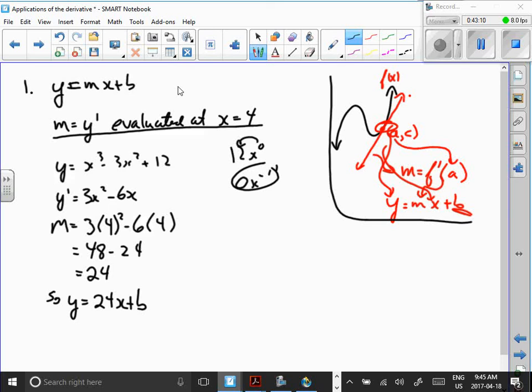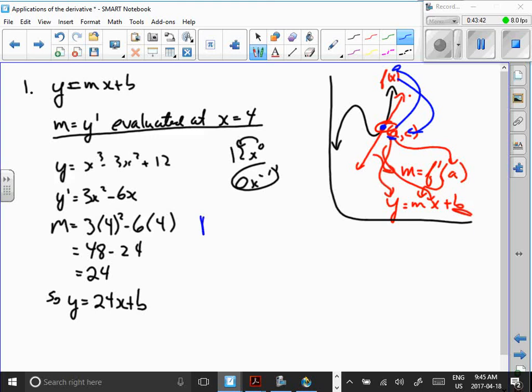So the y value, if we go back to this drawing over here, that point is the only point on the curve and on the tangent, right? So we've already got the x value. To get the y value, take the x value, plug it into the function, and you'll get the y value. And we have that point of tangency, right? So we need to find the point of tangency, that's what we're doing.